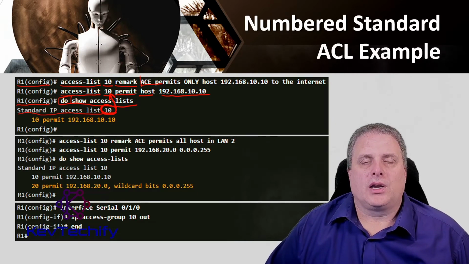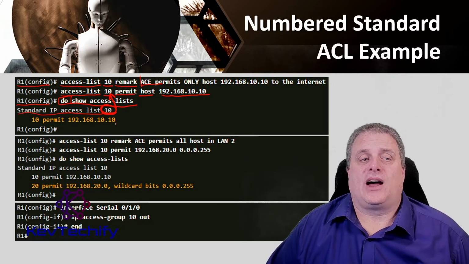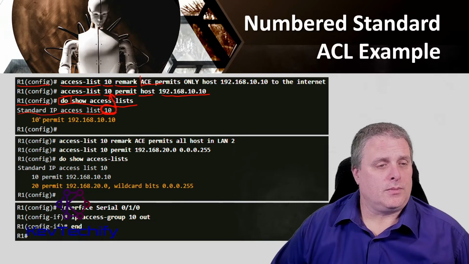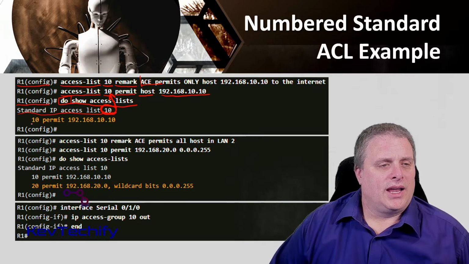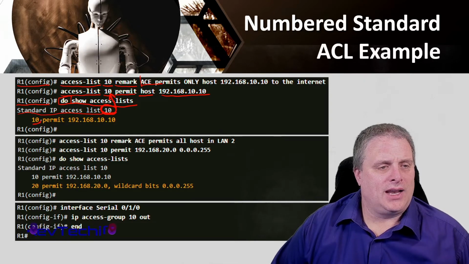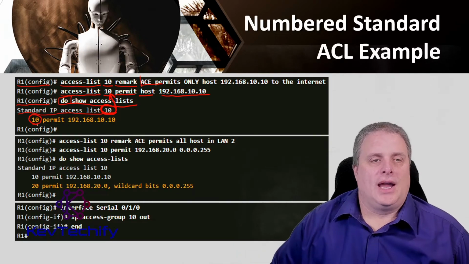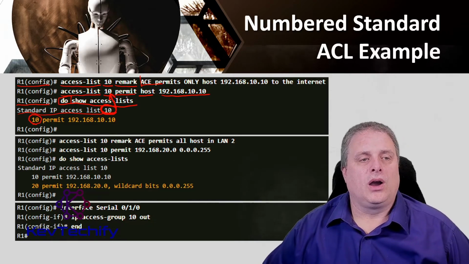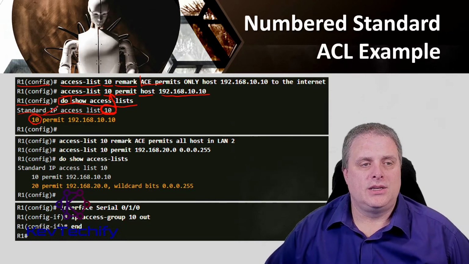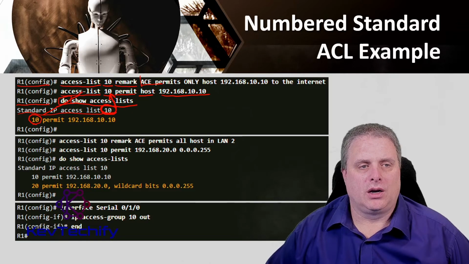Notice we put a remark in there. It's not going to list that out right here. Then we list it out, and it starts off with a number 10 here. This 10 is for sequencing order. It has nothing to do with the number that you chose here. Nope, not at all, so don't think that. This is a sequence number.